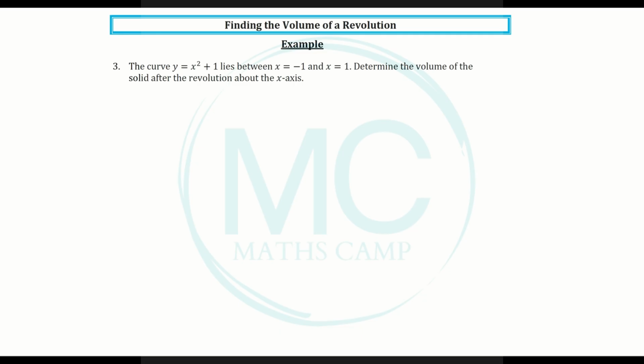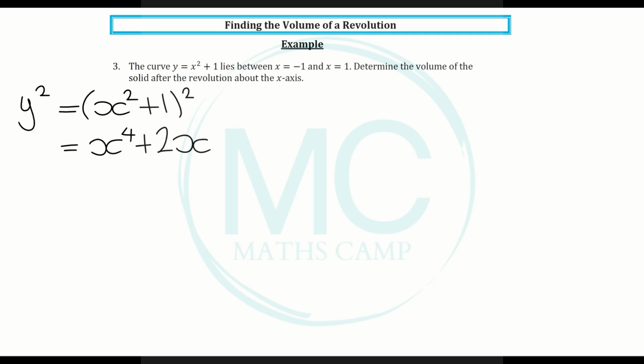Our equation is y is equal to x squared plus 1. We need to square y, so let's create a bracket squared. Now we can expand. We're going to get x with an exponent of 4 plus 2x squared plus 1.